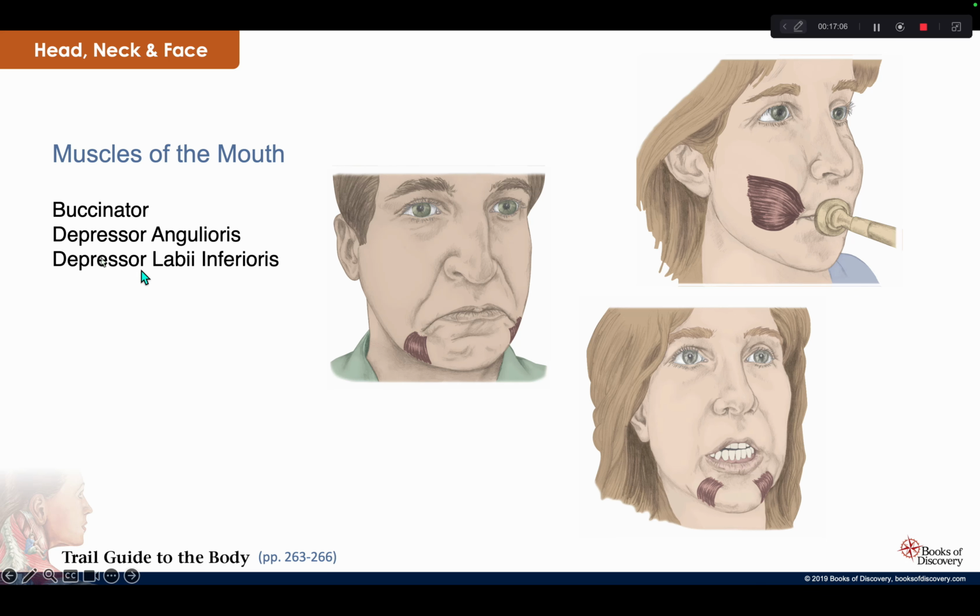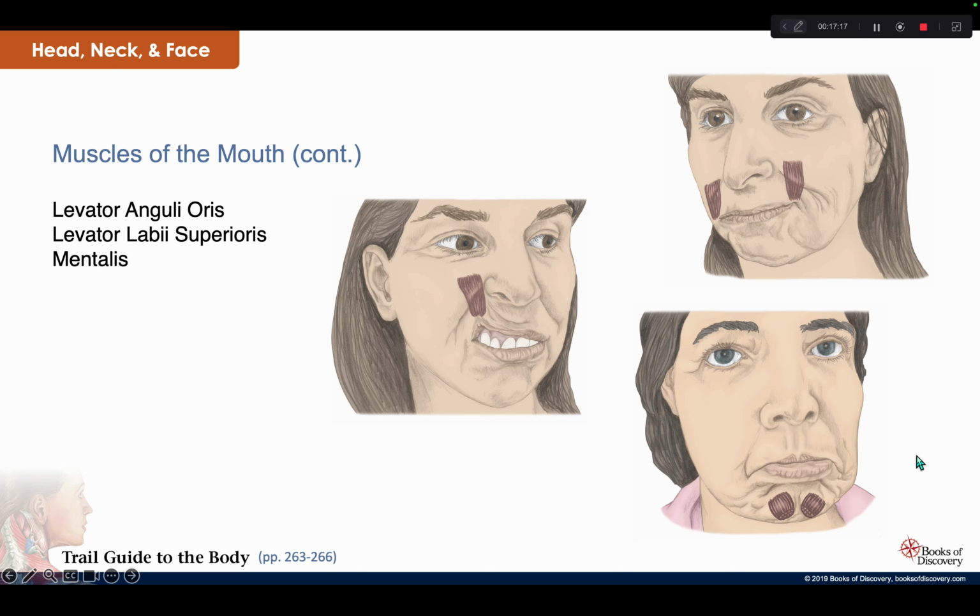And then the depressors, as the name says, bring the corners of your mouth down. So we have our levator anguli oris and your levator labii superioris.